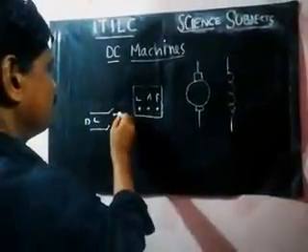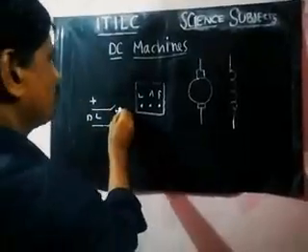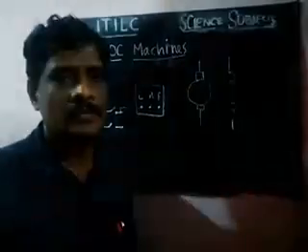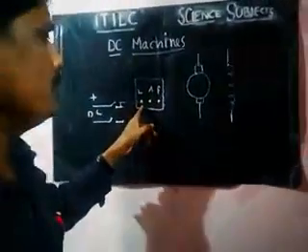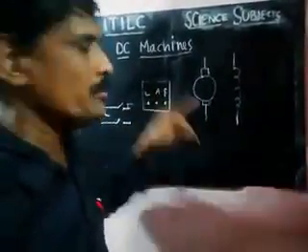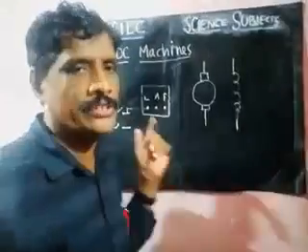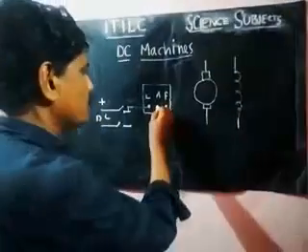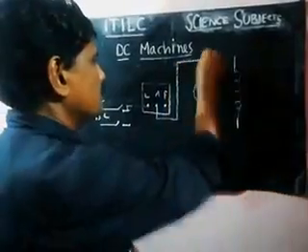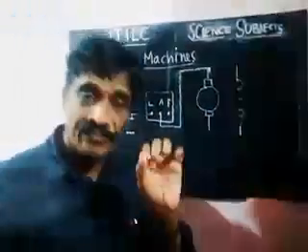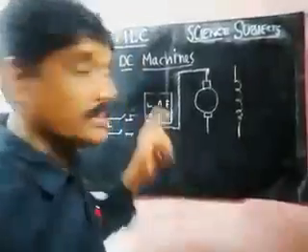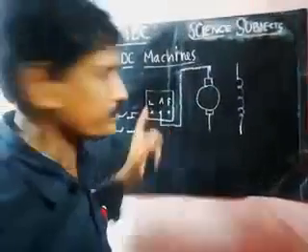The positive terminal is straightly connected with the line, and between the line and armature there will be the resistance that I previously drew. So the armature is connected with the resistance provided inside the starter.